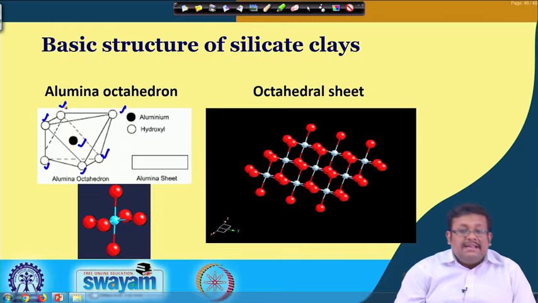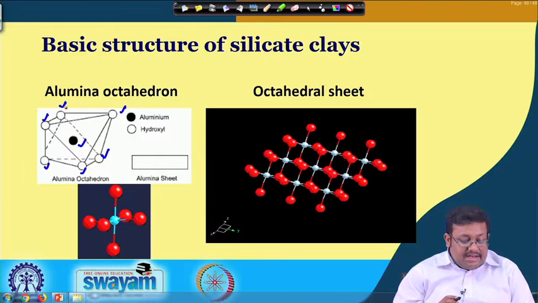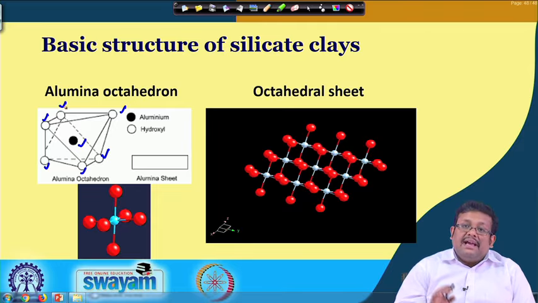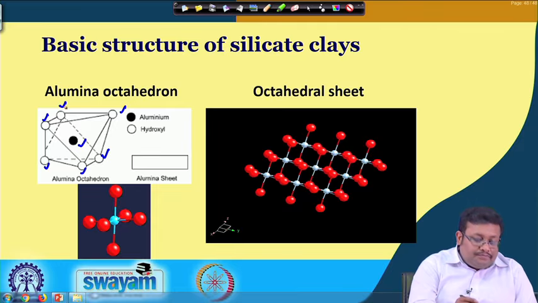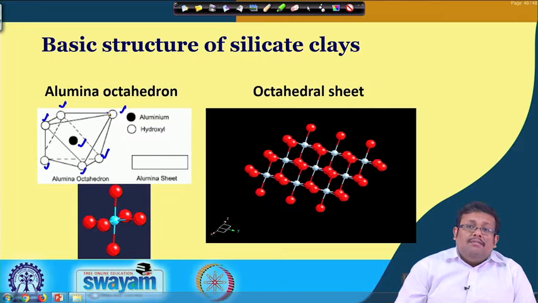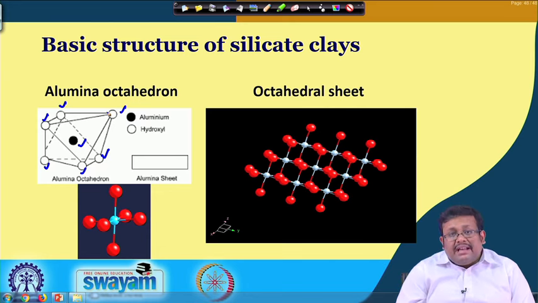The central cation is either aluminum or sometimes magnesium; we will discuss in which condition magnesium occupies the central position. That is why we call it either aluminum octahedral or magnesium octahedral.